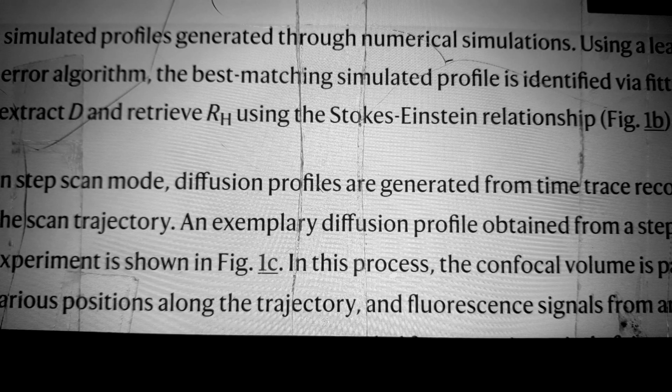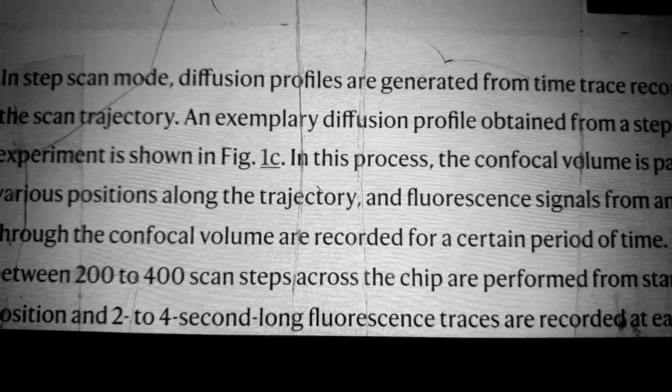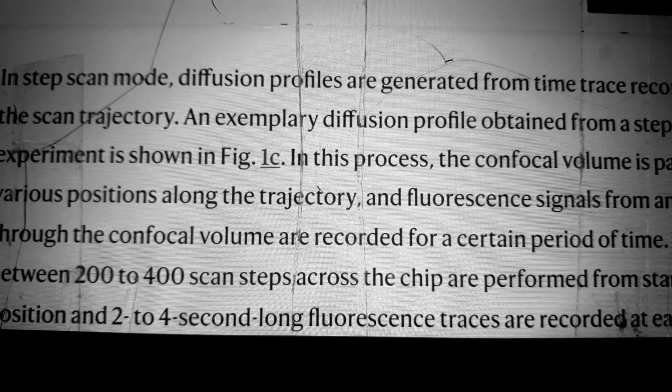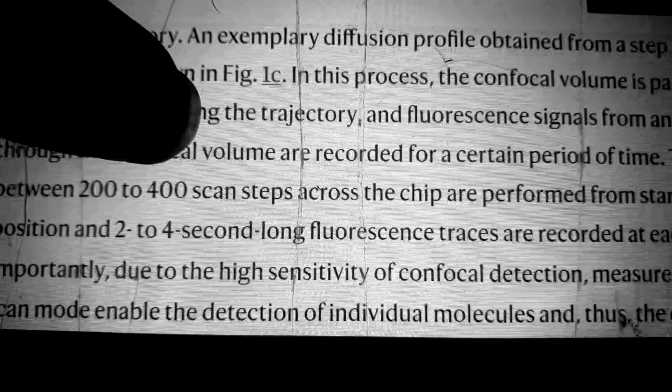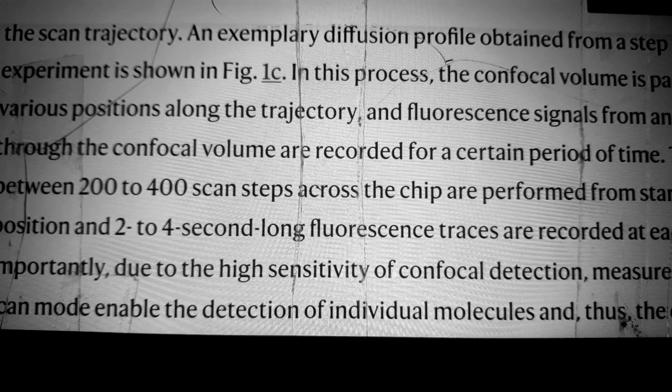In step scan mode, diffusion profiles are generated from time trace recordings along the scan trajectory. An exemplary diffusion profile obtained from a step scan experiment is shown in Figure 1c. In this process, the confocal volume is parked at various positions along the trajectory, and the fluorescent signals from analyte flowing through the confocal volume are recorded for a certain period of time.